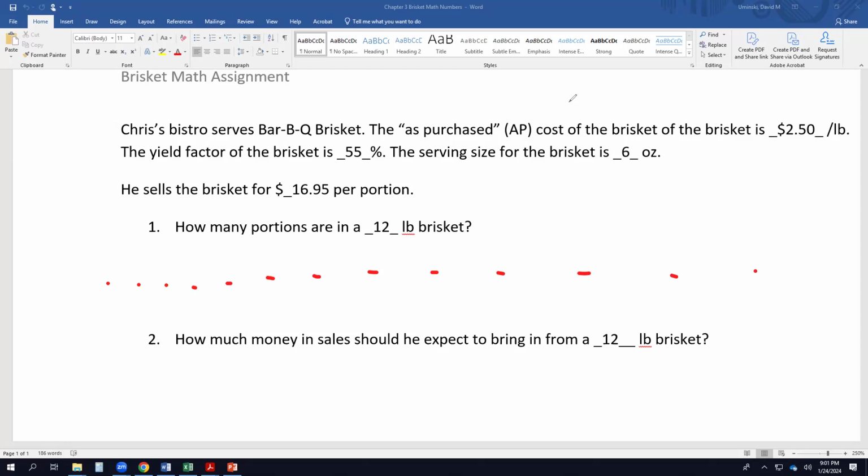Questions, comments, concerns? Okay. So the first question is asking us how many portions are in a 12-pound brisket. The first thing we have to do is the AP weight, so your paper should look exactly like mine.